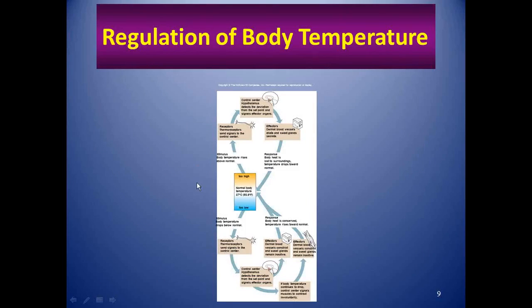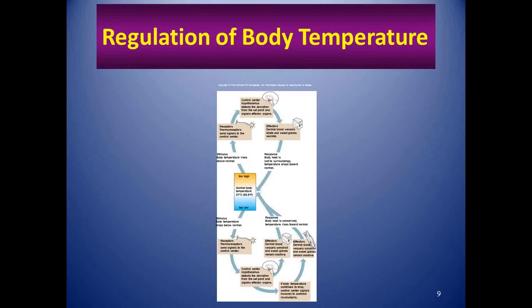Homeostasis, and I mentioned this at the very beginning, part of that is regulating your body's temperature. So if something causes your temperature to get higher, maybe you go outside in the hot sun in the afternoon in August, your body temperature starts to rise above normal, whatever normal might be for you. 98.6 is what we tell everybody, 37 degrees Celsius.